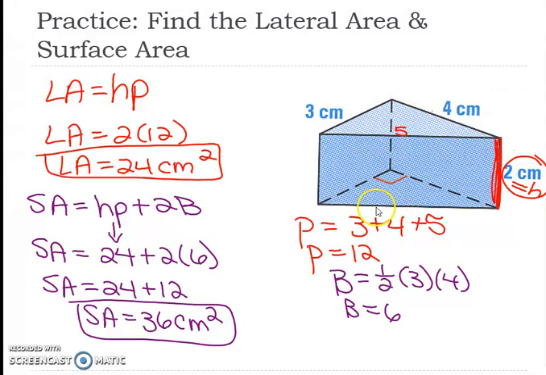The base area, the area of a triangle, is half times 3 times 4, which is 6. 6 times 2 is 12. 24 plus 12 is 36. So the whole surface area is 36 square centimeters.